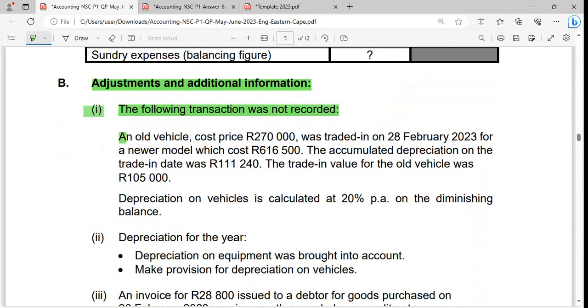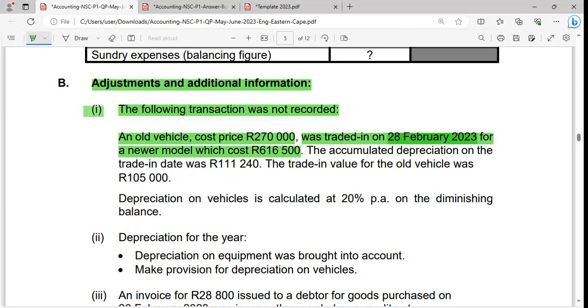So an old vehicle, cost price 270, was traded in on the 28th of Feb 2023 for a newer model which cost 616,500.